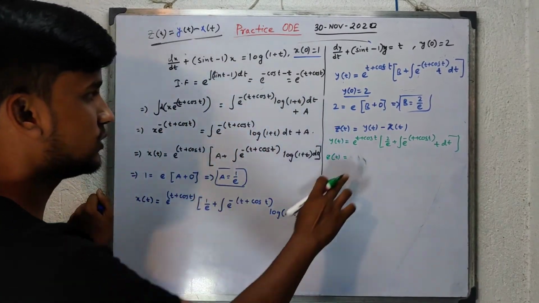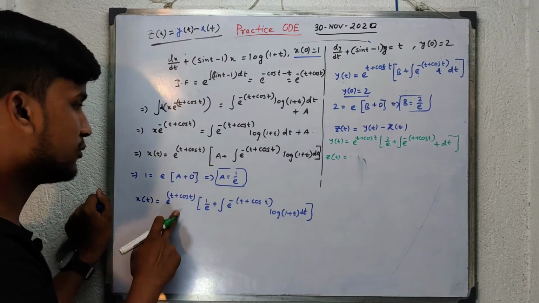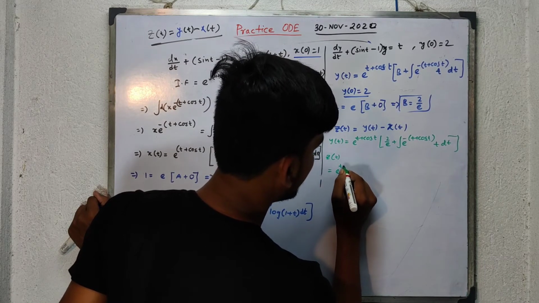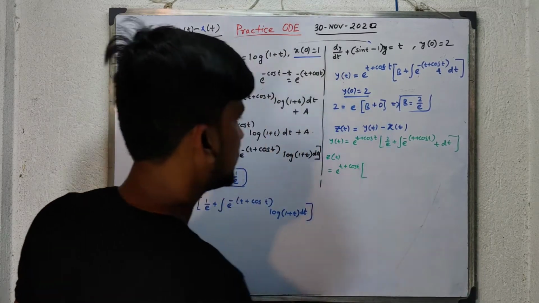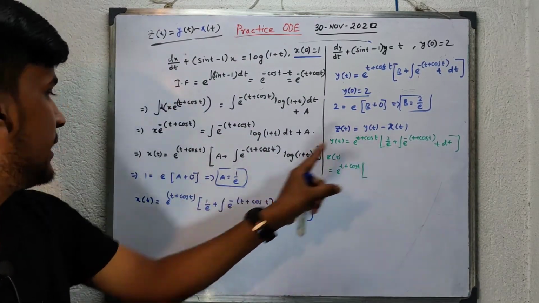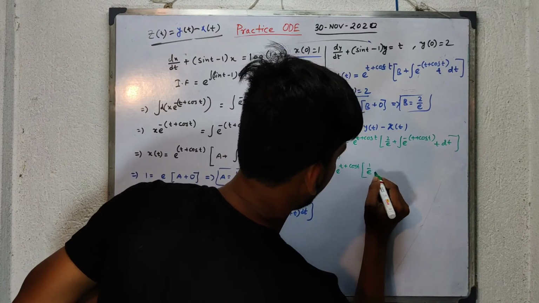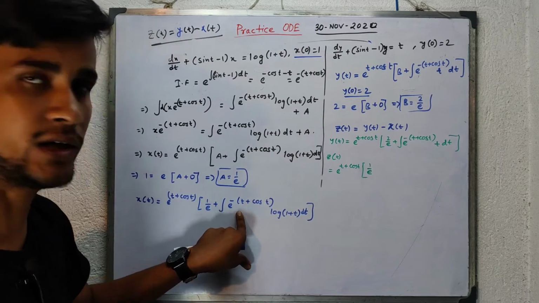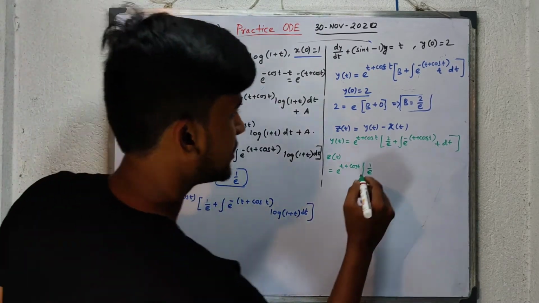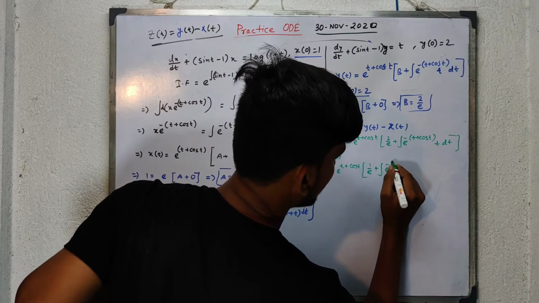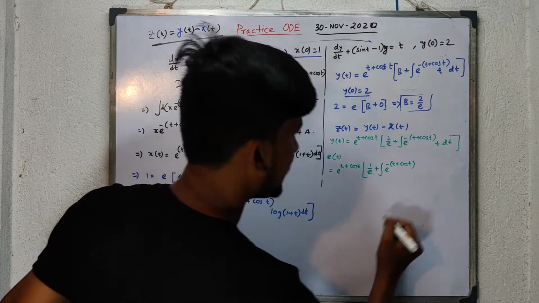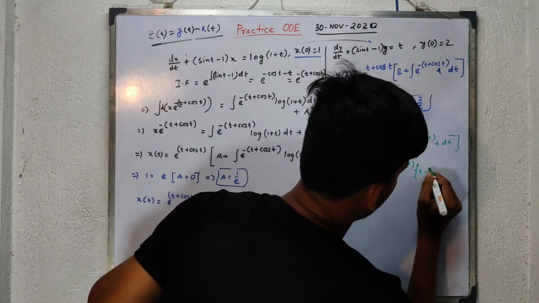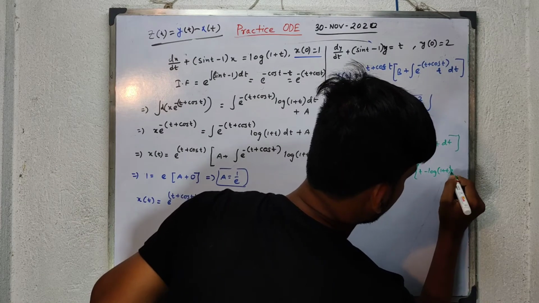Take common exponential (t + cos t): y(t) gives 2/e minus 1/e, which gives 1/e simply. Inside the integration, take common exponential of (-t + cos t), and here simply t minus log(1 + t) dt.